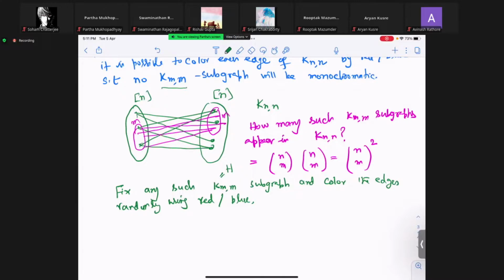Right? So the probability that H will be monochromatic, that's very simple, right? How do you estimate that? This K_{m,m} subgraph has m squared edges, right?